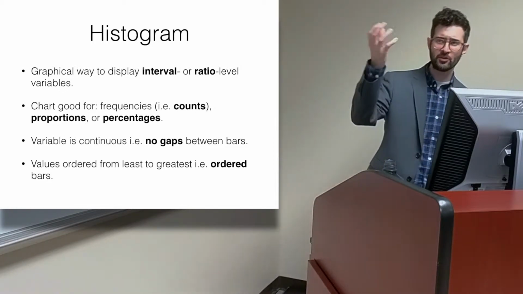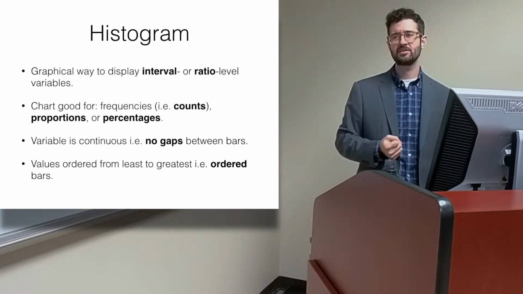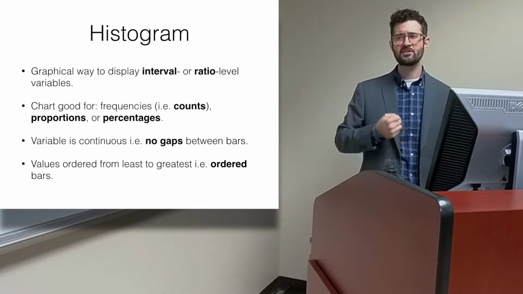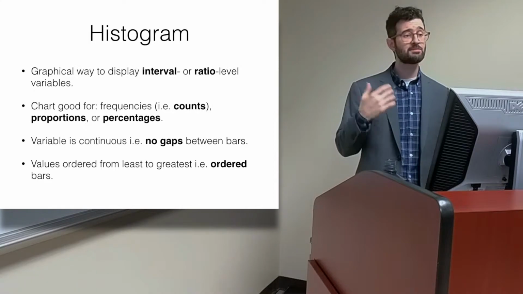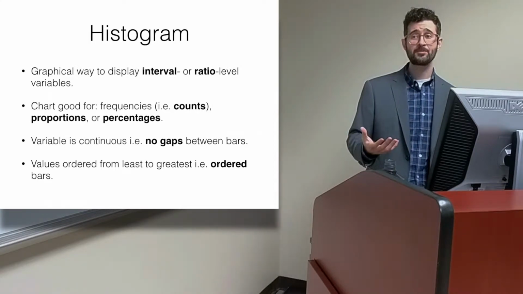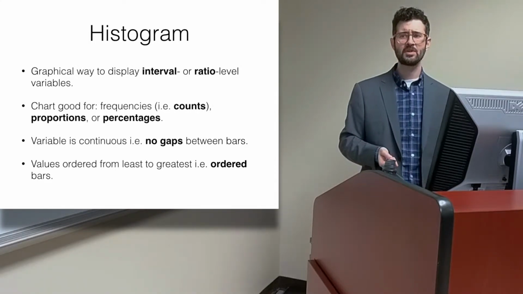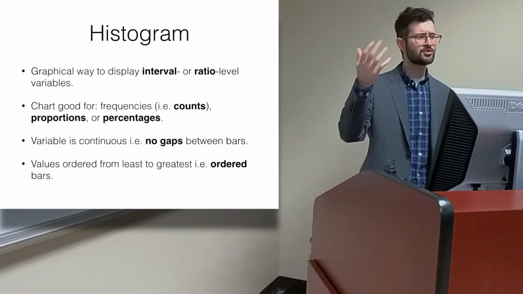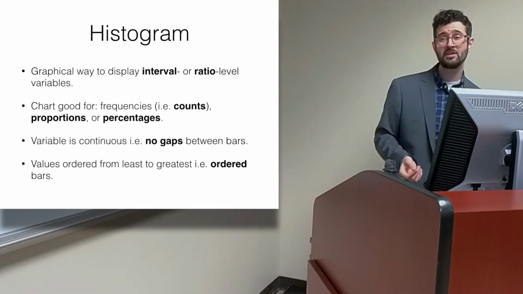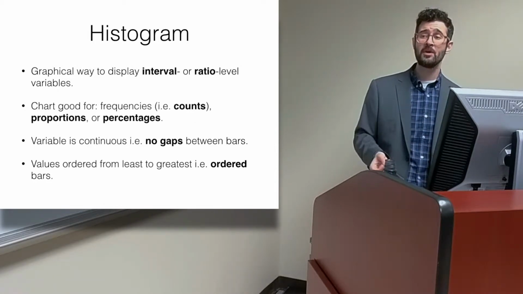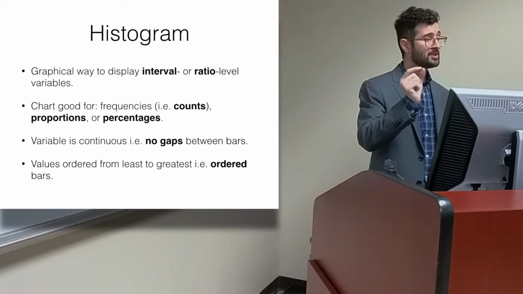This picture will give you a sense of the proportions and the percentages of people that responded in different ways. A histogram, as you'll soon see, is very similar to a bar graph, except that in a histogram there's going to be no space in between the bars.